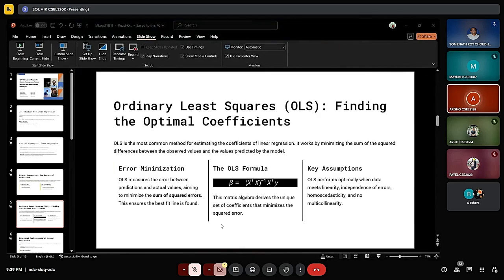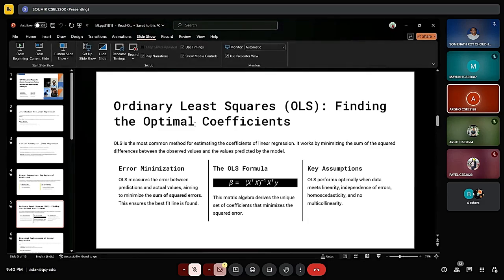OLS, ordinary least squares, finding the optimal coefficients. OLS is the most common method for estimating the coefficients of linear regression. It works by minimizing the sum of the squared differences between the observed values and the values predicted by the model. Error minimization. The OLS measures the error between prediction and actual values, aiming to minimize the sum of squared errors. This ensures that the best fit line is found.